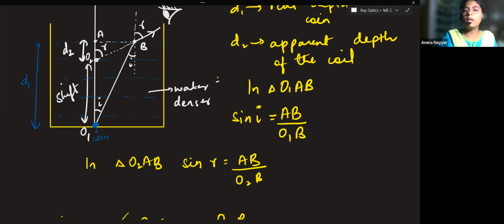That's what we are going to use. Why are we implying this about O1B and O2B? Because there was no need, we could have solved it. The reason is that we do not require O1B and O2B, they are of no use to us. We require things in terms of apparent depth and real depth. So the only way to substitute O1B and O2B in terms of O1A and O2A is by using the approximation.